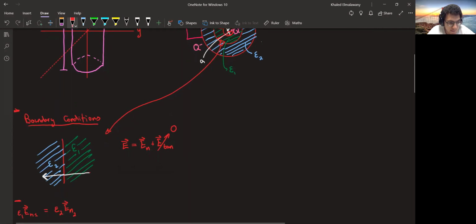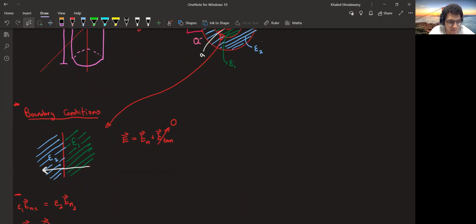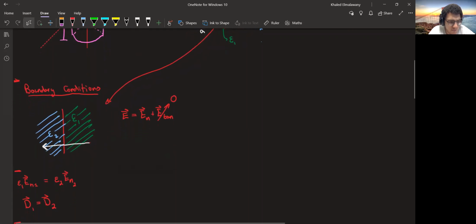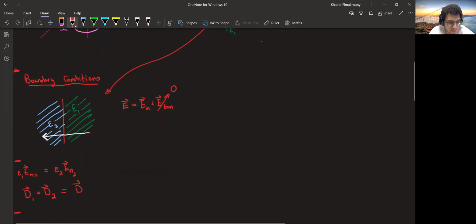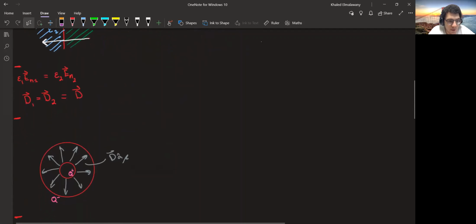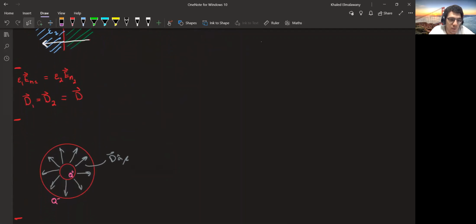Now notice that this is a known case on the boundary, and that is the dielectric constant times the normal component of the electric field is equal to the same thing on the other side. That also means that the electric flux density will also be equal on both sides, which means we can just denote it as electric flux density without subscript.